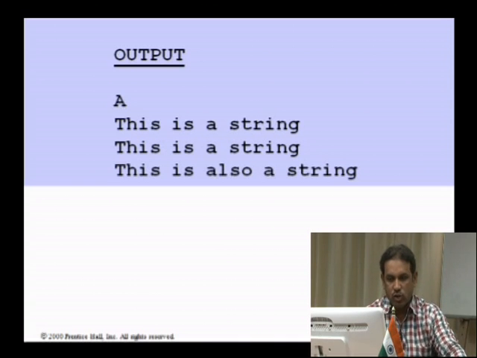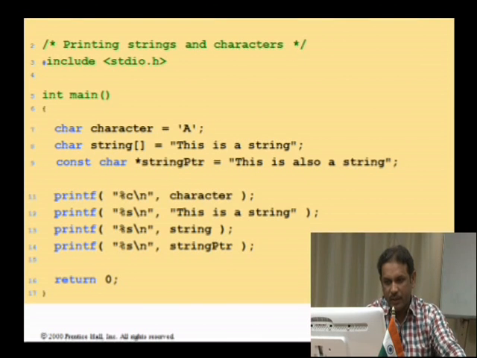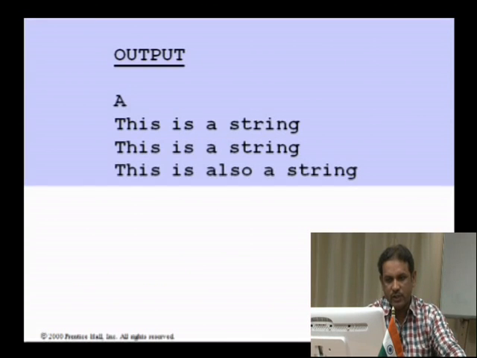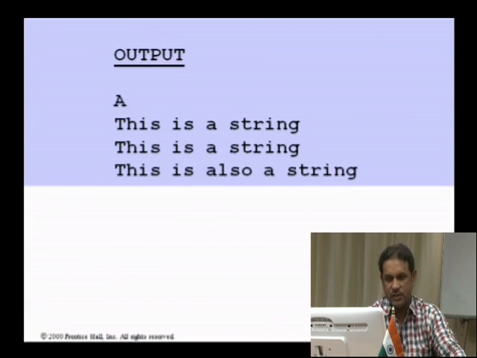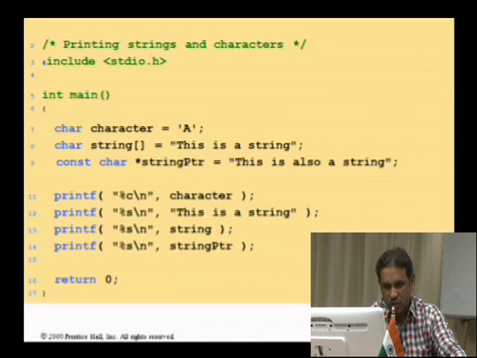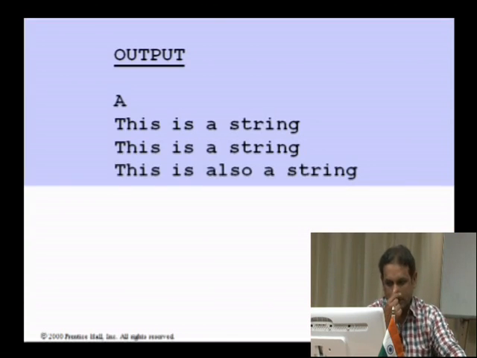So the first output is a, as you see printf character a, so the output is a. Next, this is a string, percentage s, this is a string second. Third string, you are storing this is a string as an inner array, so for the string you are going to print percentage s, string.